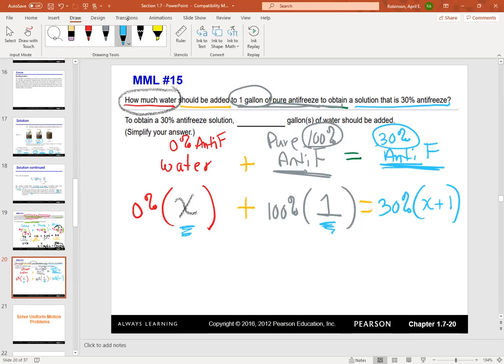This equation works out quite nicely because 0 times anything is just 0, so that literally becomes 0. And 100% times 1 is just 1. But over here, I have to change my 30% to 0.30 because I then have to distribute it through the parentheses.